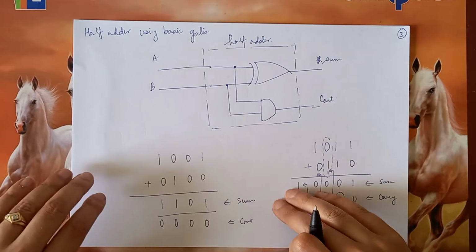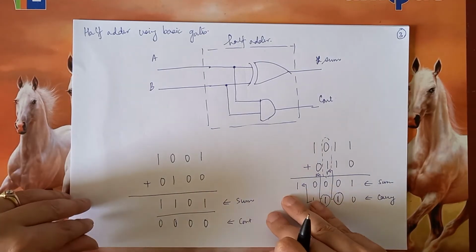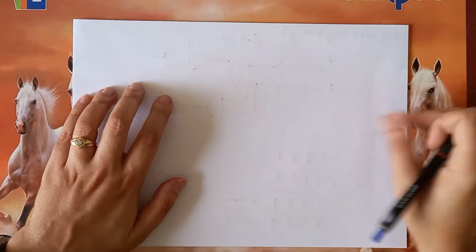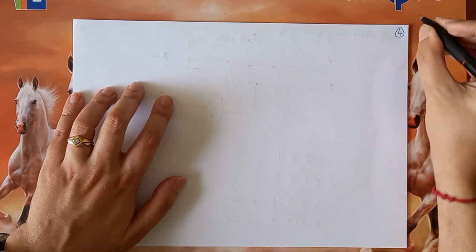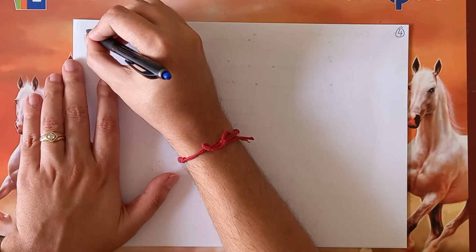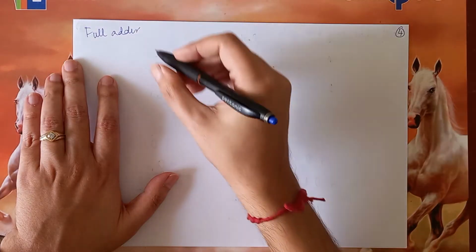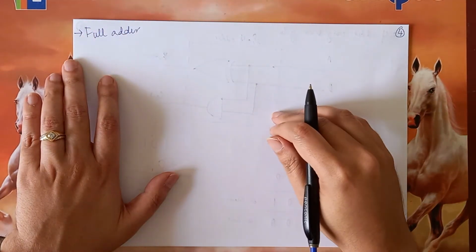and that kind of adder is called a full adder. Therefore, the earlier adder which we just saw was called a half adder, which can add 2 bits. However, we now need a full adder. This is our second adder circuit which we will see.